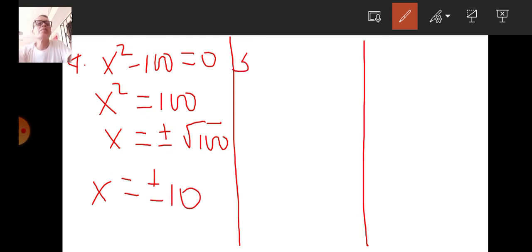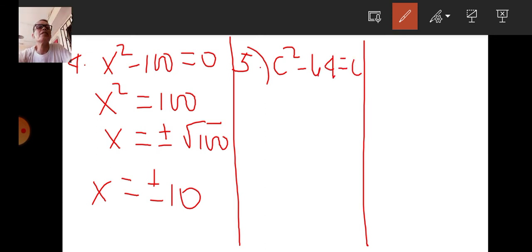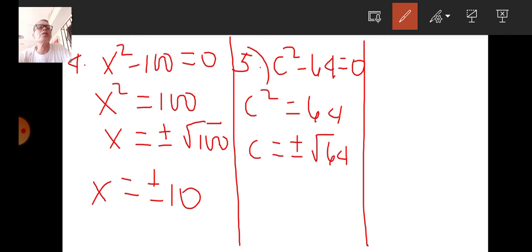Another example. If we have c squared minus 64 equals 0, you have c squared equals 64. Extract the square root. So c equals plus or minus the square root of 64. Then c equals plus or minus 8.